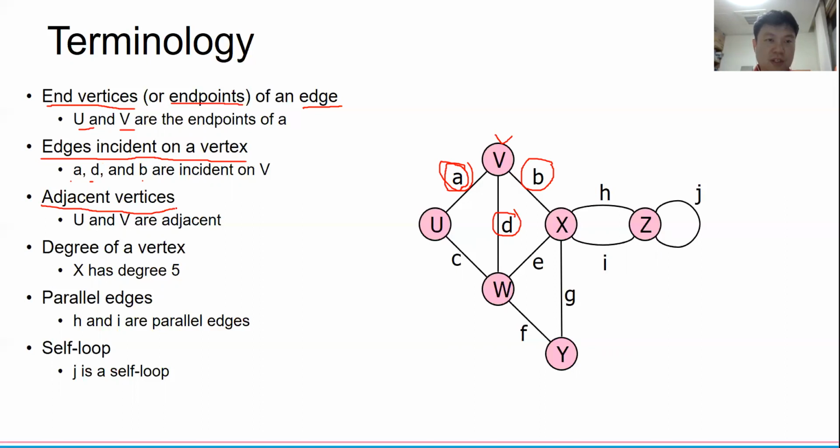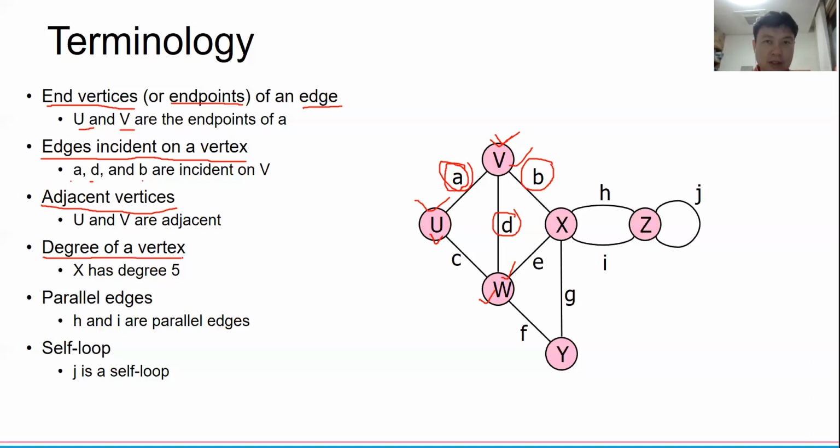Adjacent vertices means two vertices that are nearby and connected with an edge. So for example, U and V. U and W are also adjacent because we have a line c. V and W are also adjacent because they are connected with d.